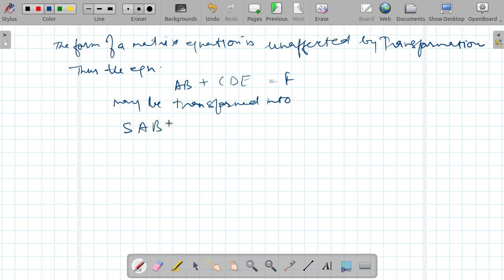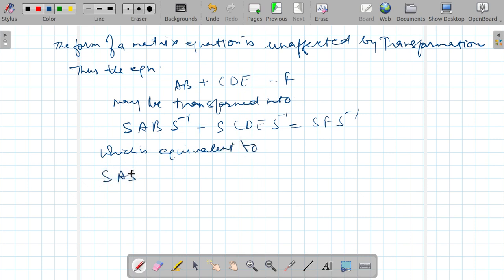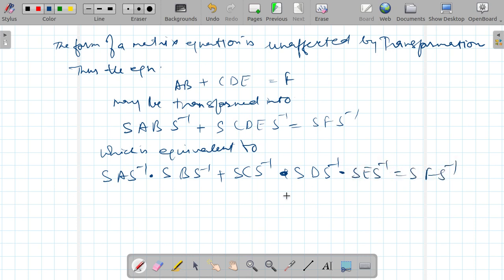S A B, meaning both sides are operated with this, S C D E S inverse and S F S inverse, which is equivalent to S A S inverse into S B S inverse plus S C S inverse into S D S inverse into S E S inverse, it is equal to S F S inverse.